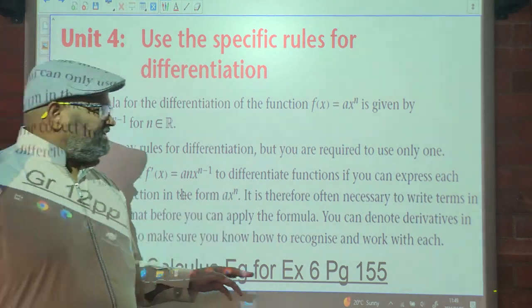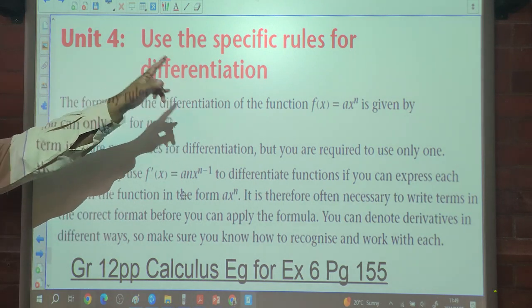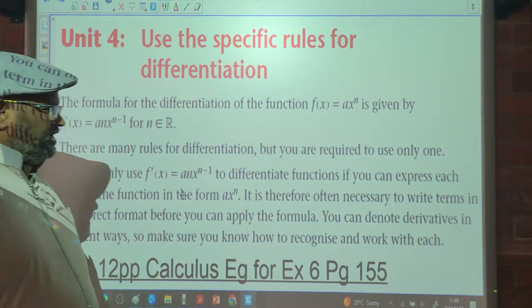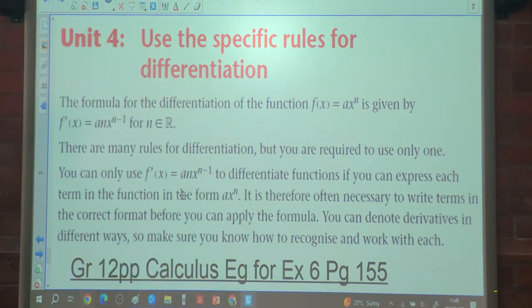It is therefore often necessary to write terms in the correct format before you can apply the formula, as we did in number 4. We have to first get it in that format. You can denote derivatives in different ways, so make sure you know how to recognize and work with each.